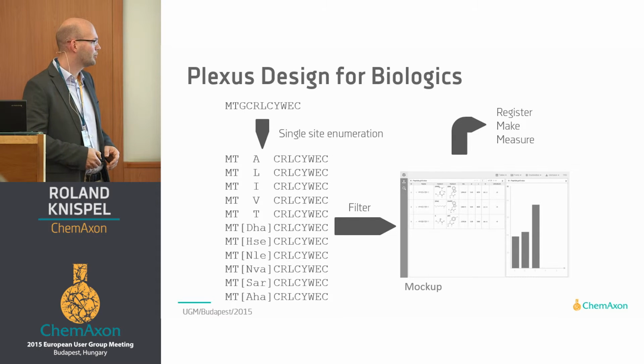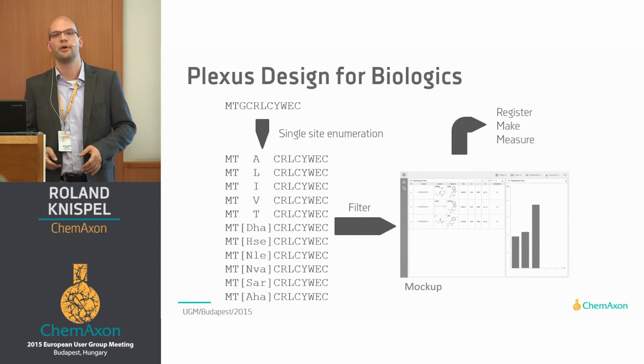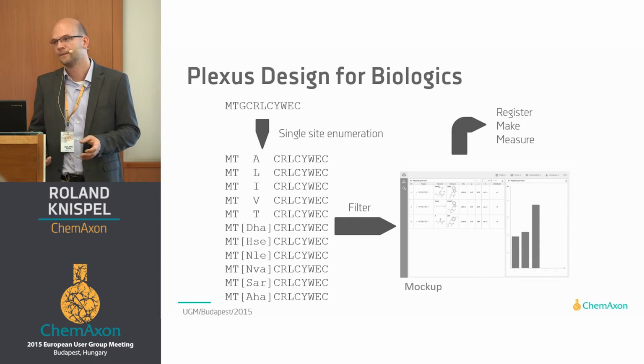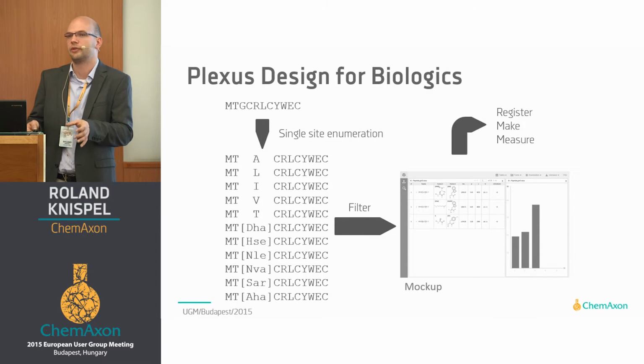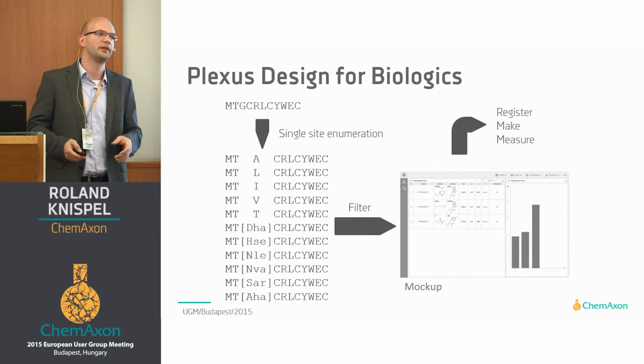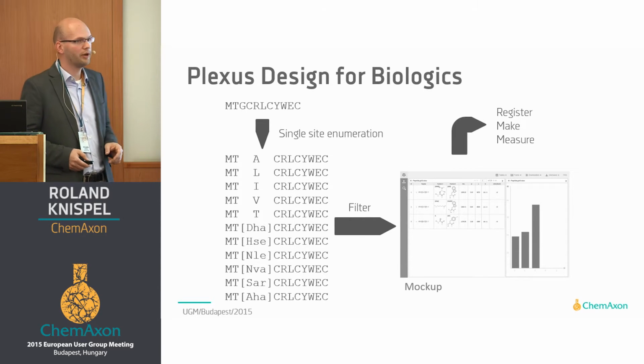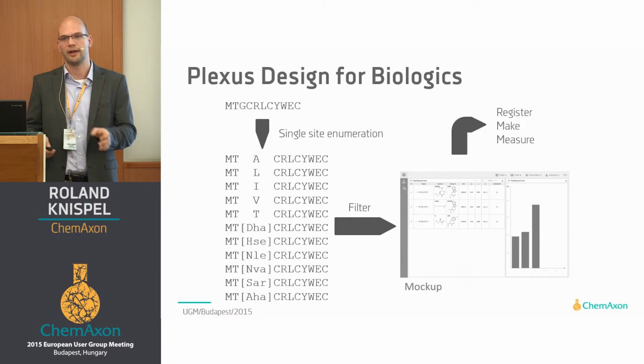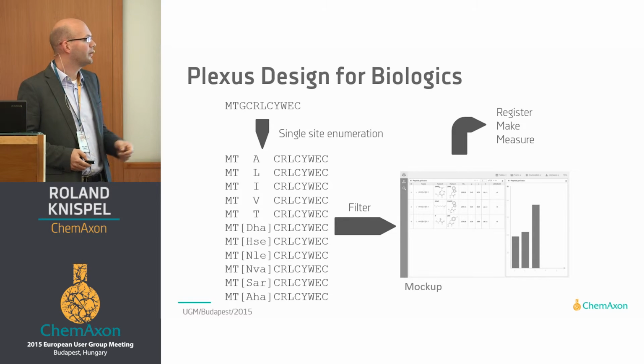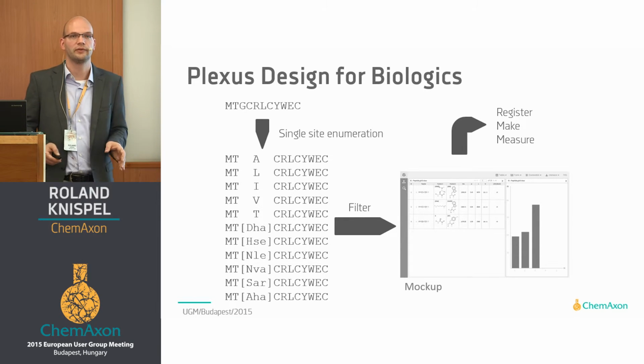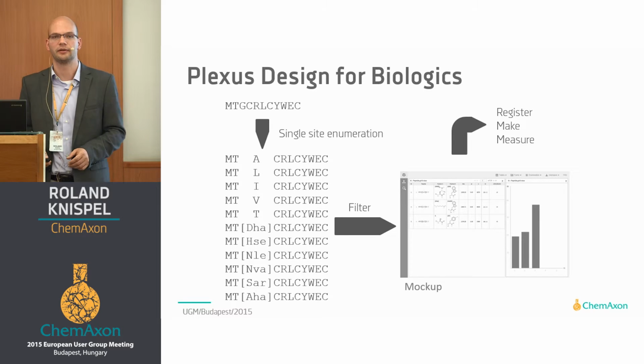Then you can do all sorts of filterings in order to make sure that you have sequence motifs there which comply with that they don't get degraded by proteinases flying around in the serum, or whatever physchem properties you'd like to have for your peptide. And then you register these things, make them and measure experimental data based on these.